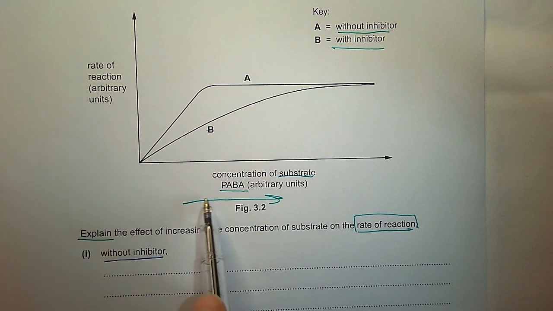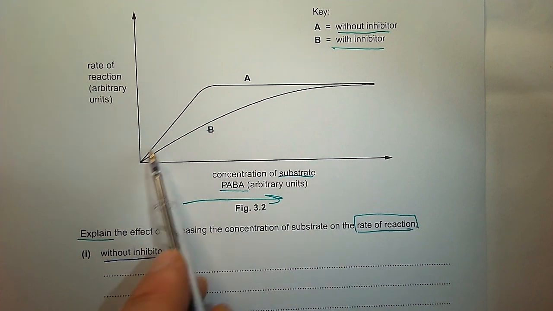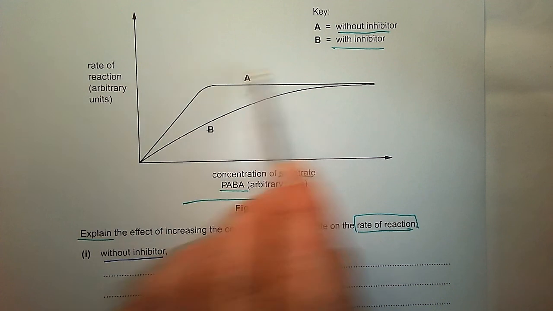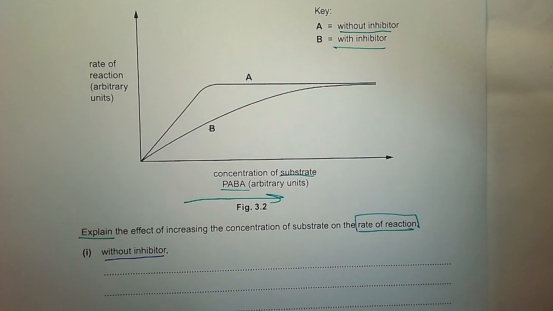as we increase the concentration of the substrate, the rate of reaction is increasing, and that's because there's no inhibitor around, so it's just PABA available.